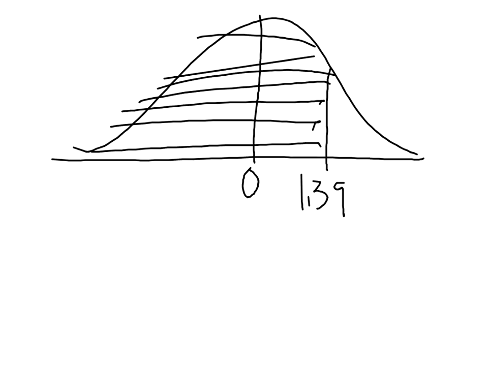And that area there, as we've just found, would be 0.9177, or as a percent, 91.77%. And we're going to see very shortly that the area under our normal distribution also represents probability.